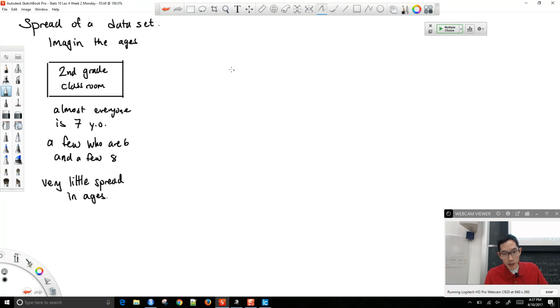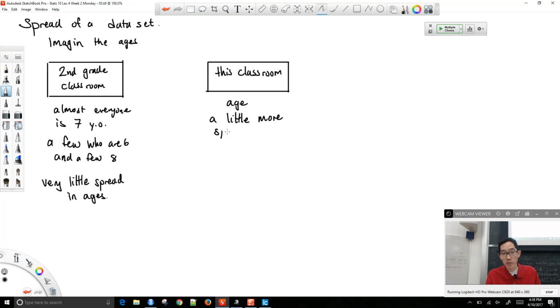Okay, now think of this classroom, okay? And think about the ages of the students in this classroom. Okay, how much spread do we have in the ages in this classroom? Okay, so as far as ages go, we've got a bit more spread, right? So we have a little more spread. Probably around, I don't know, 90% of you will be aged between 18 and, I don't know, 23, okay?